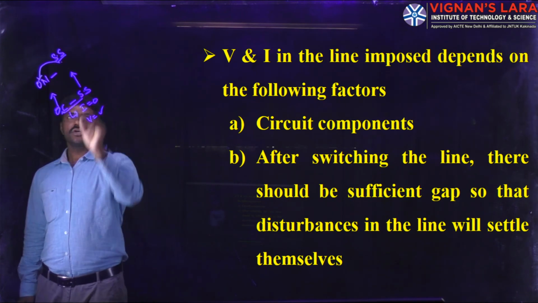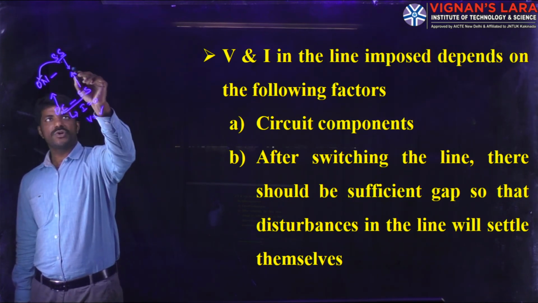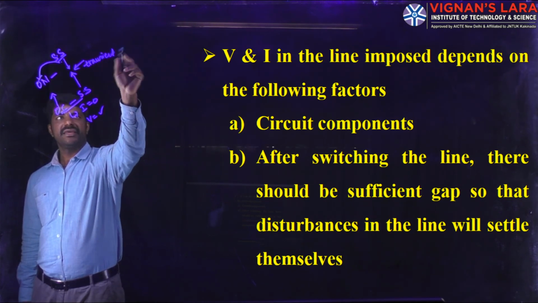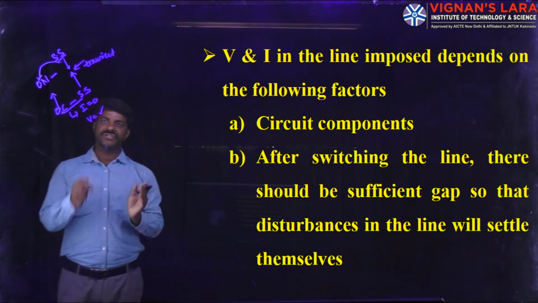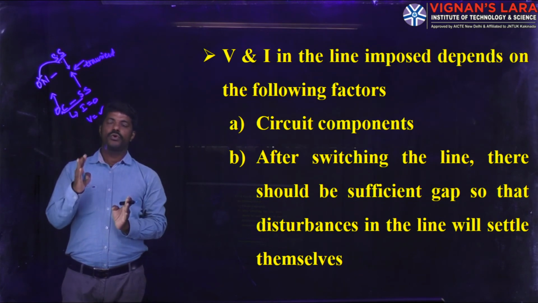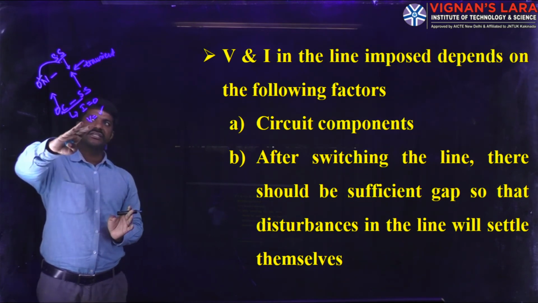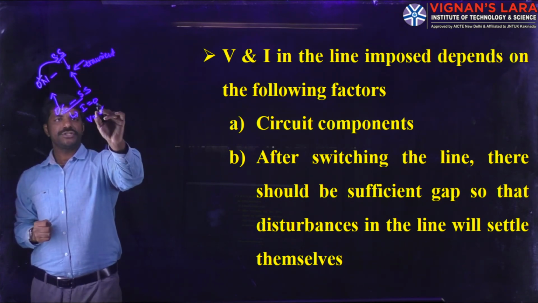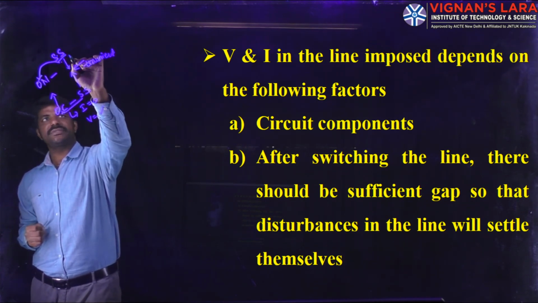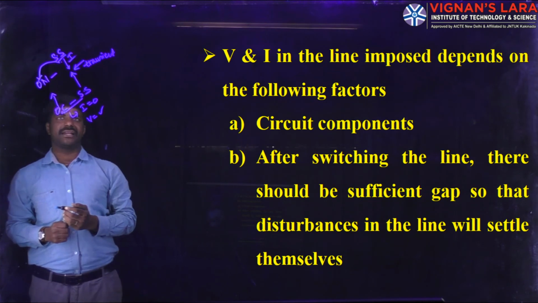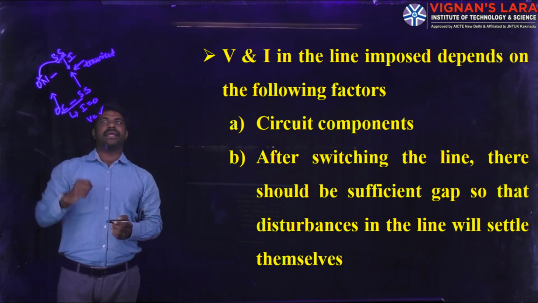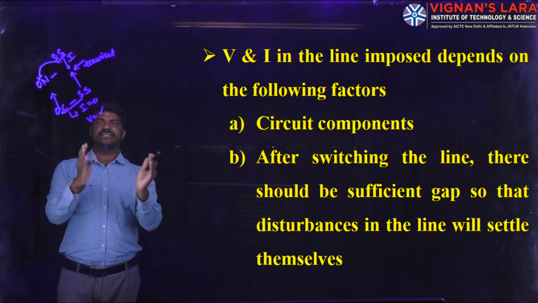In between these two steady states, we know that there will be a transient period. In the transient period, a sufficient gap is there to bring those values from one steady state to the next. Open circuited zero current has to increase to its maximum rated current, capital I. Instantly it can't change its magnitude from 0 to capital I. It will take certain time.